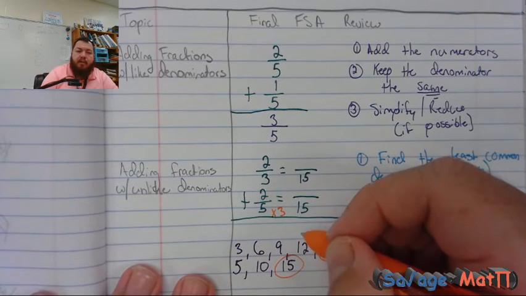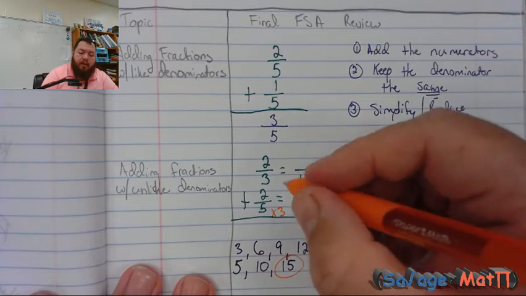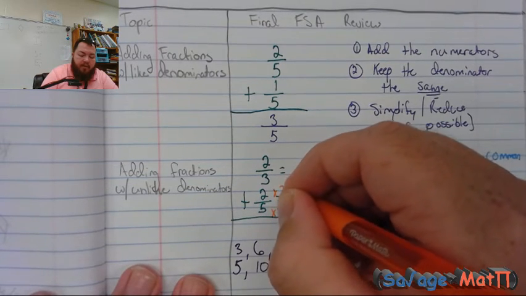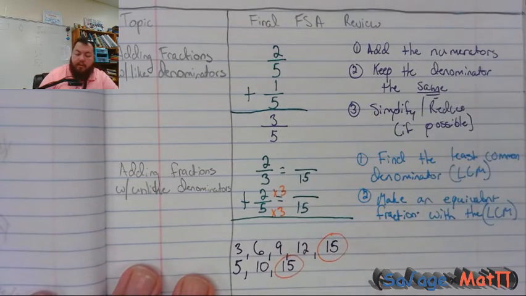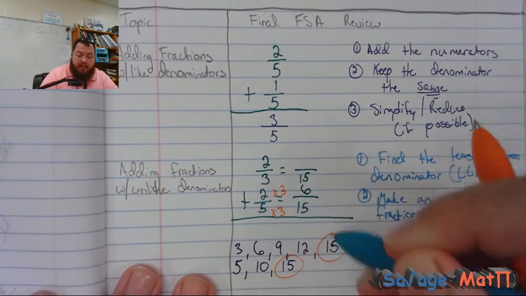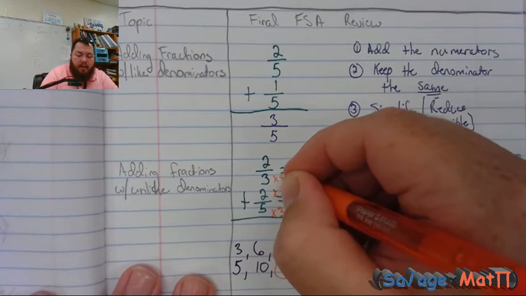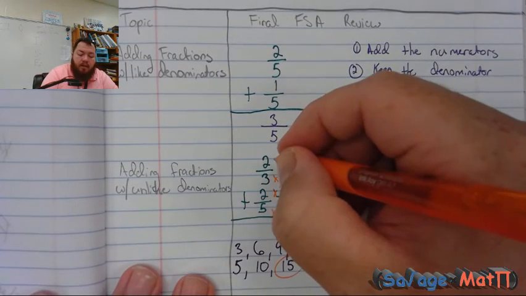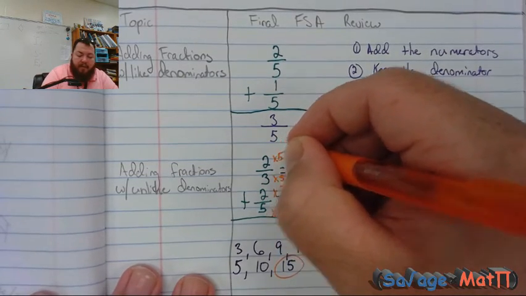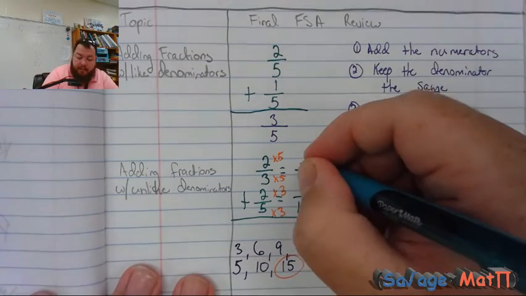Whatever we do to the denominator, we have to do to the numerator. So we should have 2 times 3 equals 6. Same thing up here: 3 times 5 equals 15, so we should have 2 times 5, which gives us 10.